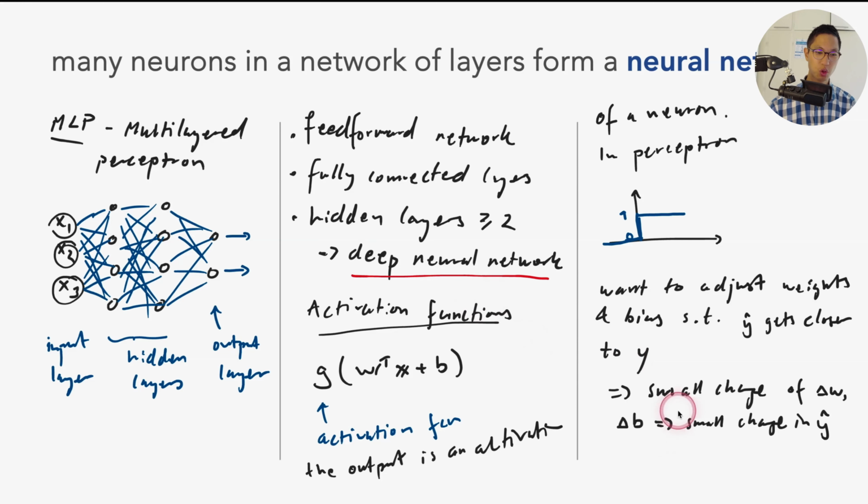The idea is you want a small change of delta W and delta B to give a small change in y hat. In order to do this, you don't want this simple perceptron. Instead, you want another activation function, because this is quite a sharp change. For example, you change W a little bit and nothing happens, it's still 0. Then sometimes you change W a little bit and it tips the scale.